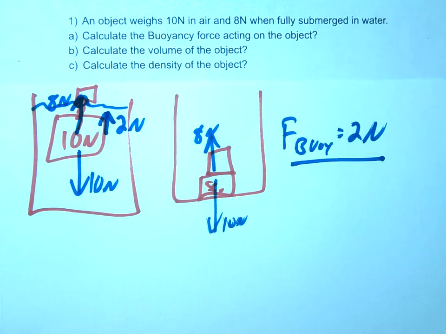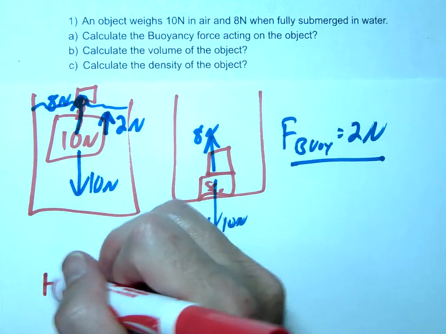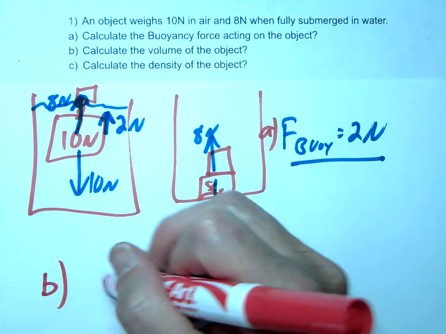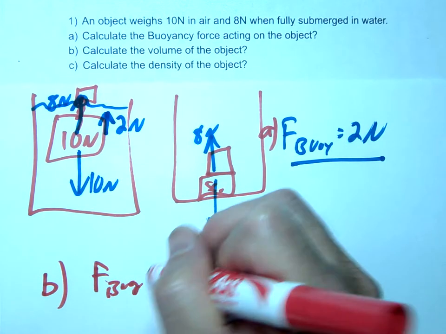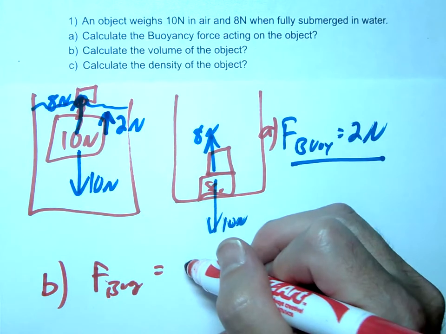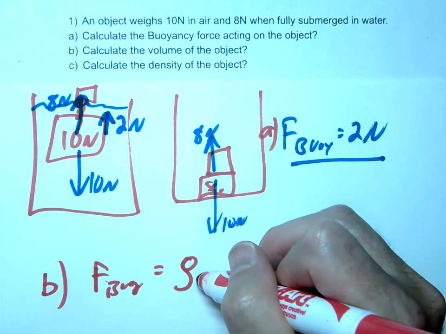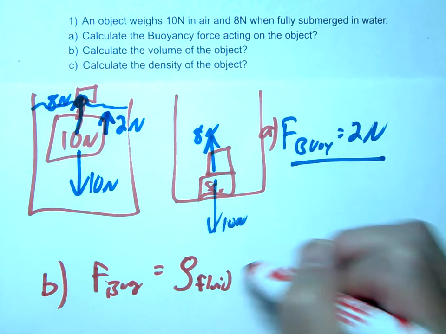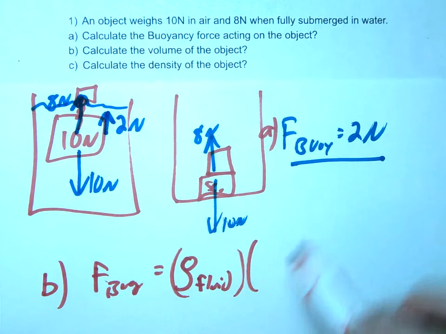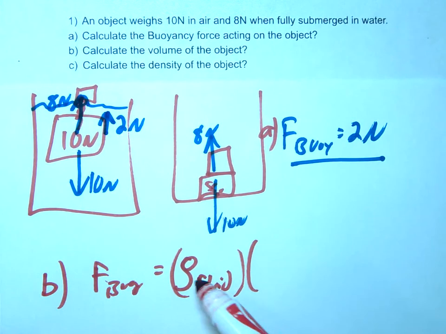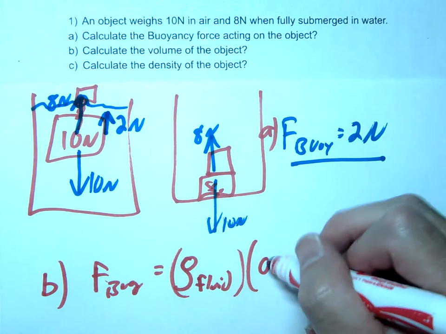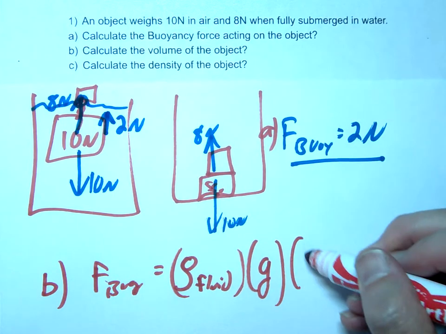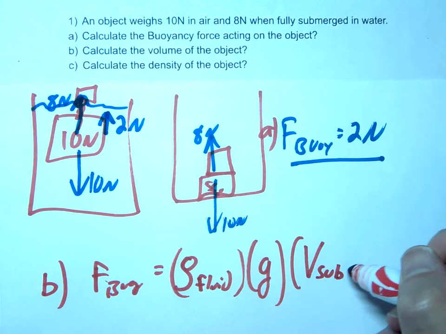So how do we find the volume then? Well, remember the equation for buoyancy is rho, and this is going to be rho of the fluid, not of the object. So it's the density of the fluid times little g times the volume submerged.